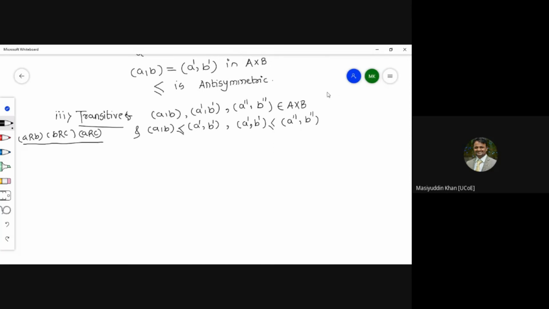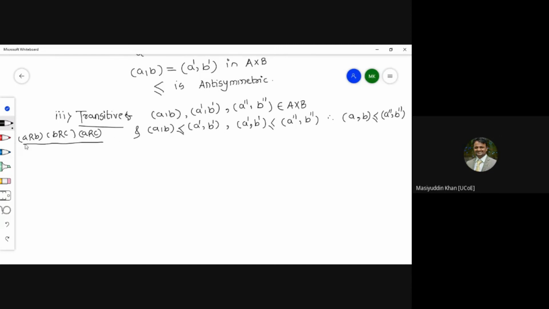Therefore we have to prove (a, b) is less than or equal to (a'', b''). This is our main motive.